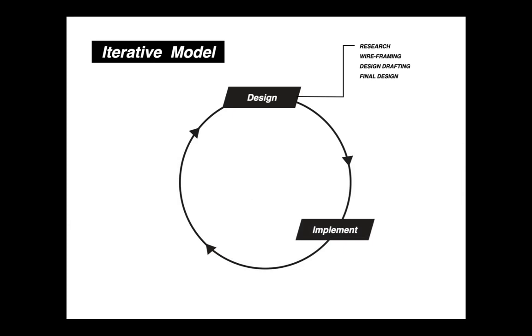Then we'll move on to implementation. That's when you'll obviously send your designs to your coders, or to your developer team, and they'll start writing the code, implementing it. Yeah, cool. Okay. And then the evaluate process.